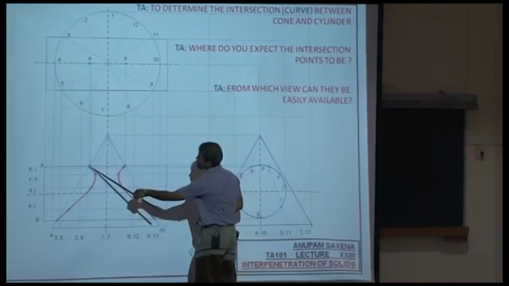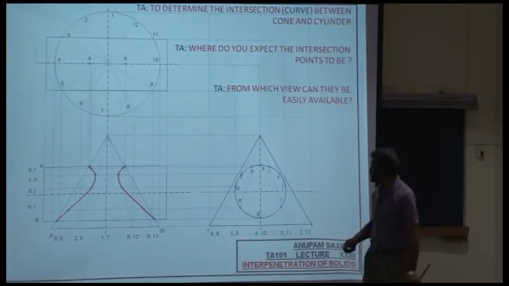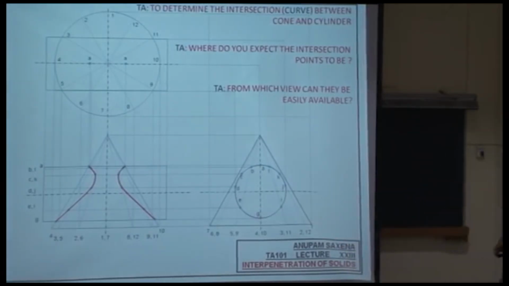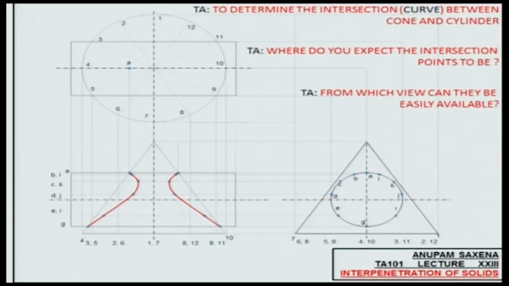How about this one? 3 and 5. Careful. How about this one? One would be on 5, the other one would be on 3.